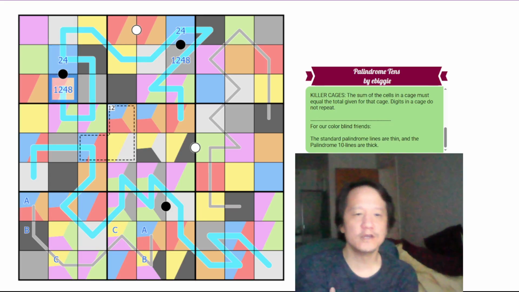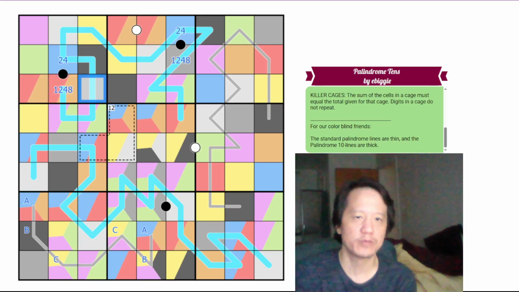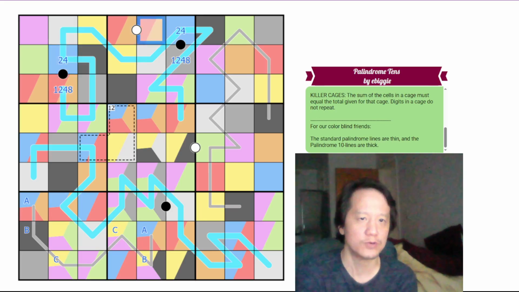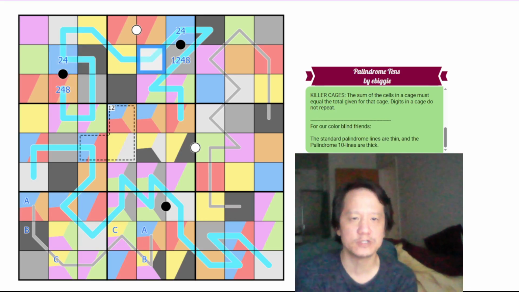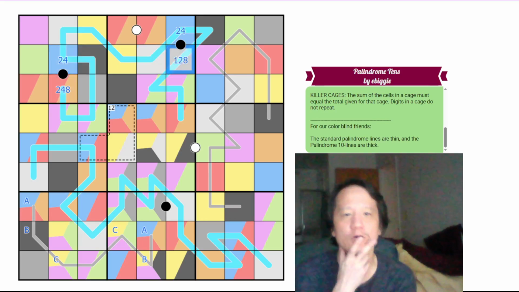So if this were 1, it wouldn't work because that would mean it's consecutive with 2, but it would need to be in a 1-to-2 ratio with 2 also, which would not be orange or red. So this cannot be 1 here. This still could be 2, it could be 4 or 8. So if this were 4, that would force this to be 2, this would be 2, and that would have to be 1, which is not possible. So this can't be 4 anymore.